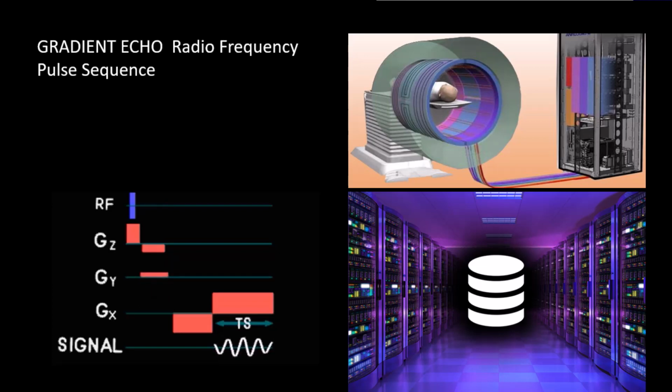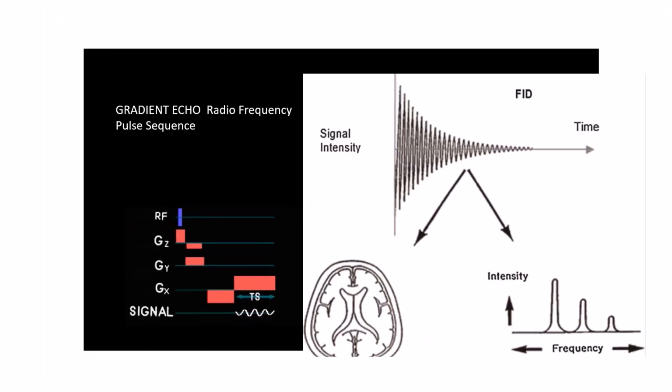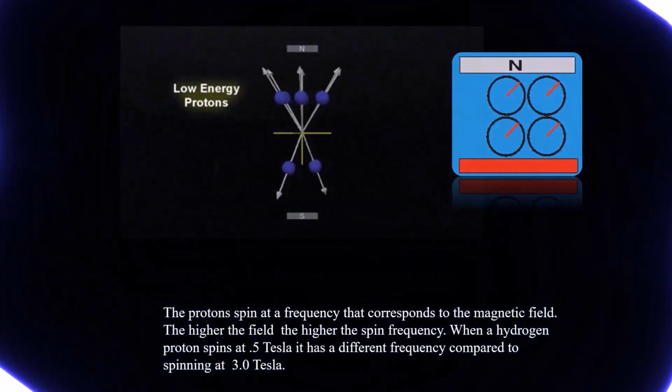We can select how we turn these off and turn these on, and we select them by what they are representing, either the Z, Y, or X body plane. They are turned on and off during the period of free induction decay of the RF signal.